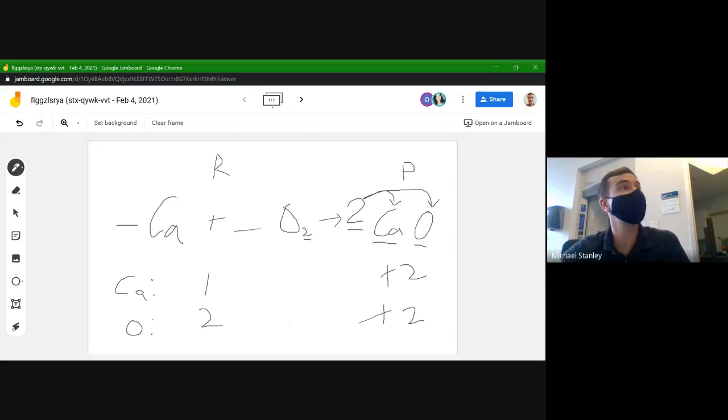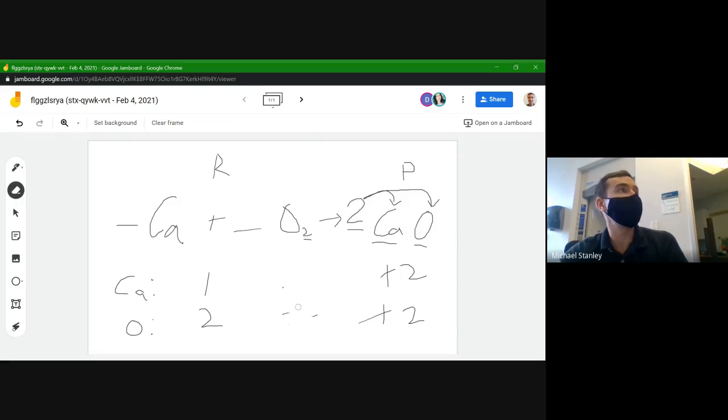Now our oxygens are balanced and equal, so that's nice. But our calciums are not. We have 1 calcium on the reactant side, but 2 calciums on the product side. So it's not equal, we are not yet balanced.